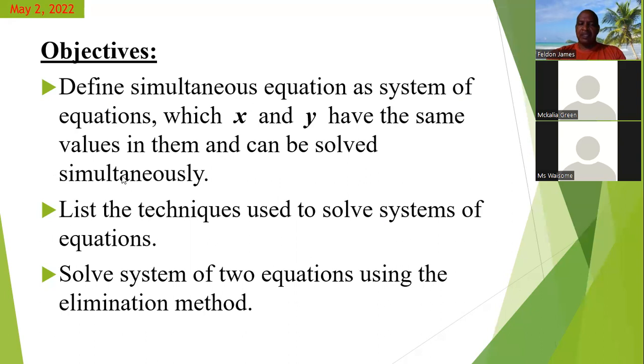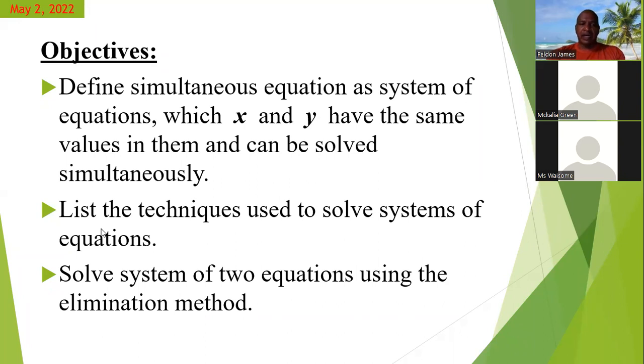And another word you can think of for simultaneous is together, right? So you're solving both equations together at once. So that's what I mean by simultaneous. All right, so while we are solving one, we are automatically solving the other one.